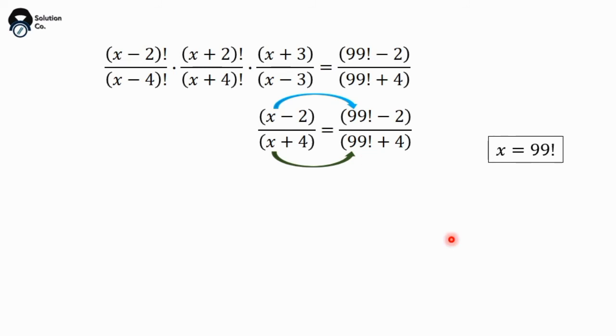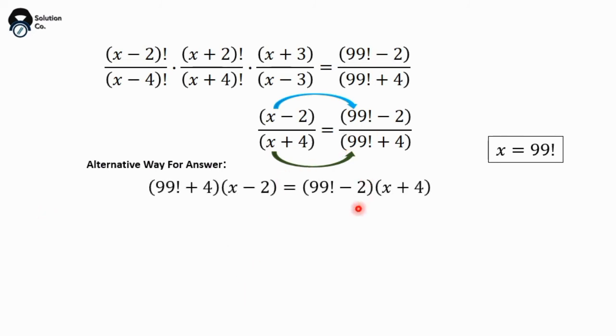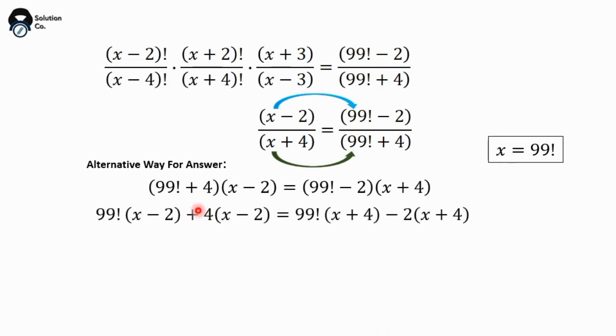If we apply some algebraic operation on this equation, we can also get the answer x is equal to 99 factorial. Let's see. Cross multiply, then multiplying these two terms and similarly these two terms.